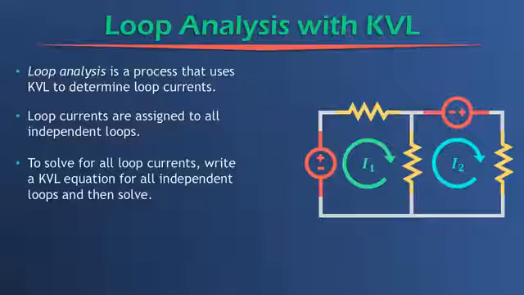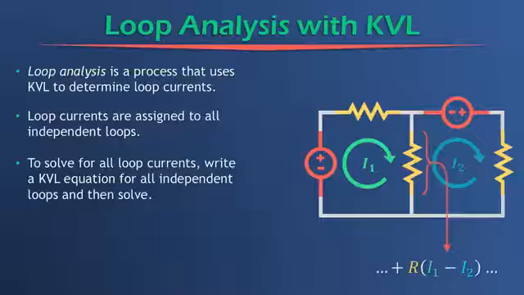Alright, so now a couple words of wisdom about solving these. If we're in loop 1 with current I1, then say we're to go through this middle resistor here. What's the value of the voltage across that resistor? Well, you would initially say it's R times I1, right? Close, but look, I2 is also passing through that resistor. We're not in I2, but I2 has to be considered.